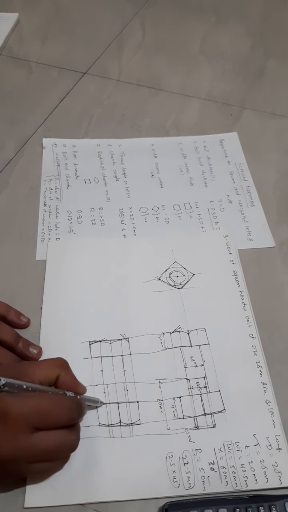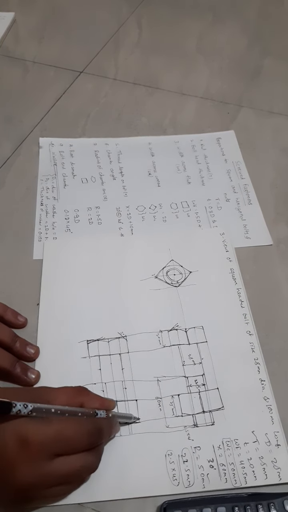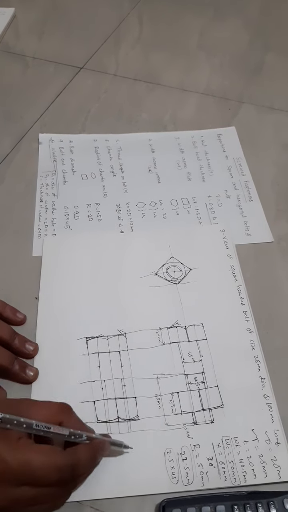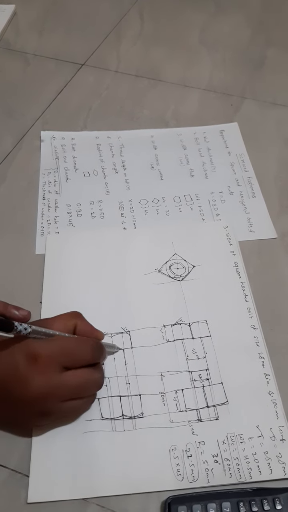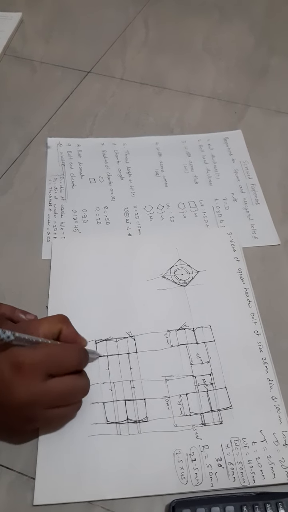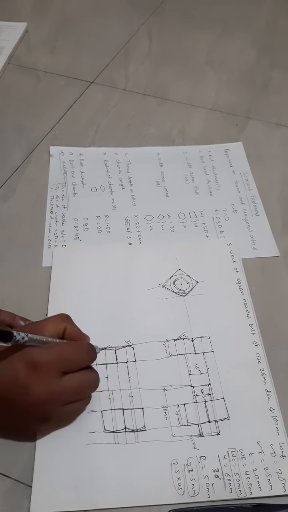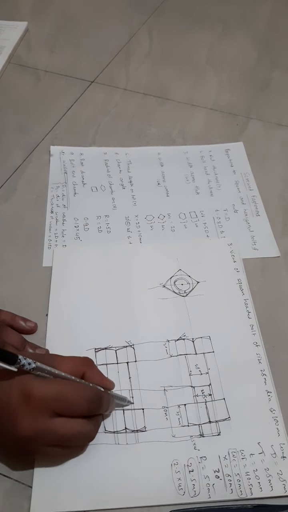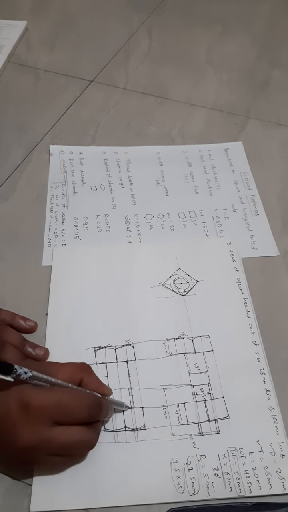You can draw the dark portion for this one. Okay, and here also you can draw the dark portion. This midline is also dark, and this is the nominal diameter, and this is the root diameter.